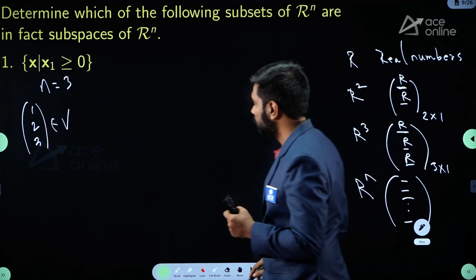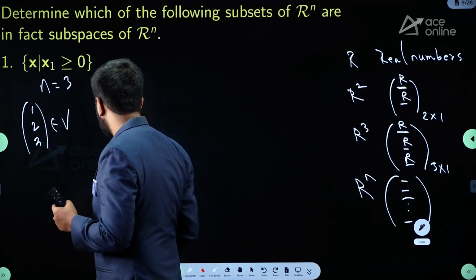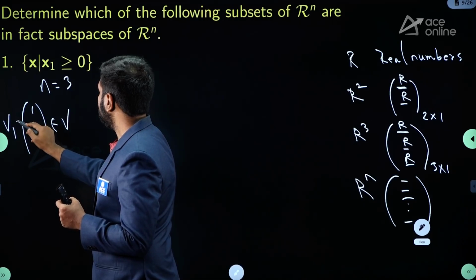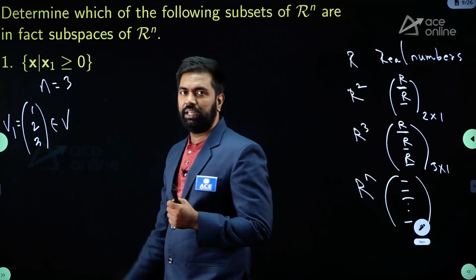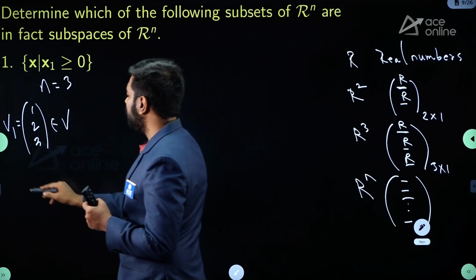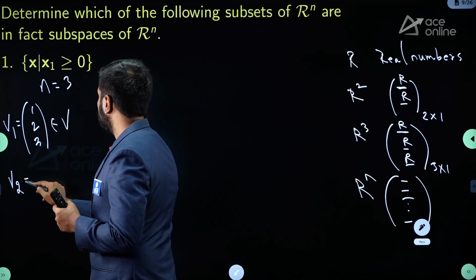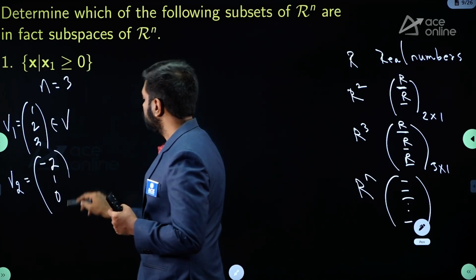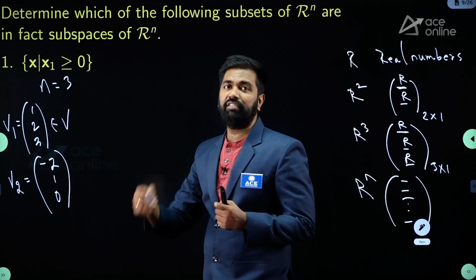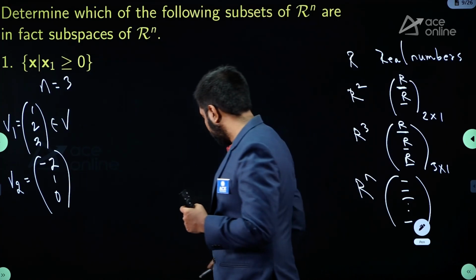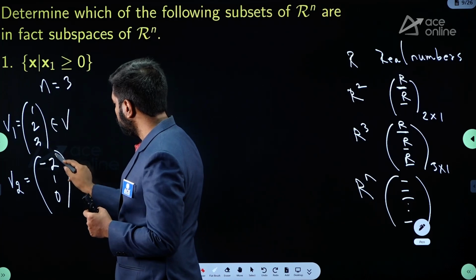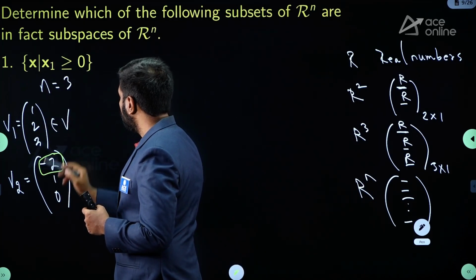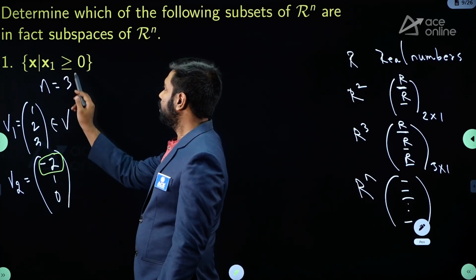Yes, so let's name this vector V1. V1 clearly belongs to the given set. Let me create another vector, V2, say -2, 1, 0. Will this belong to the given set? Let's check. You need to look at the first component. What is the first component? -2. Now what are they saying?